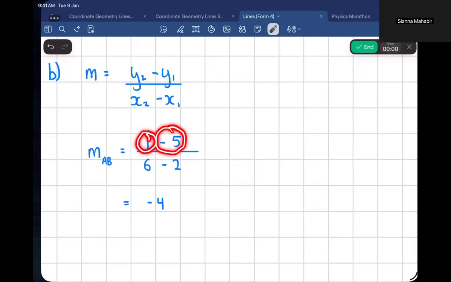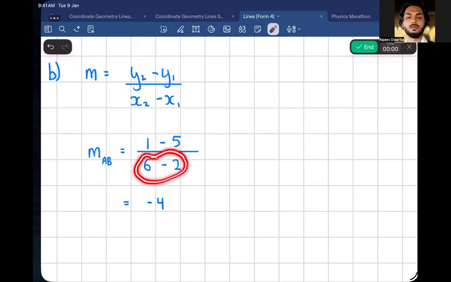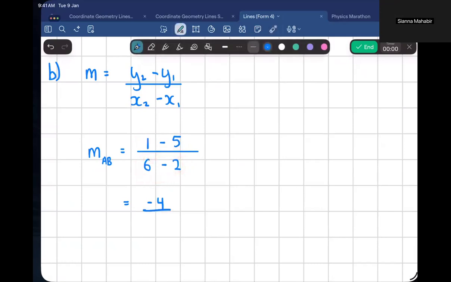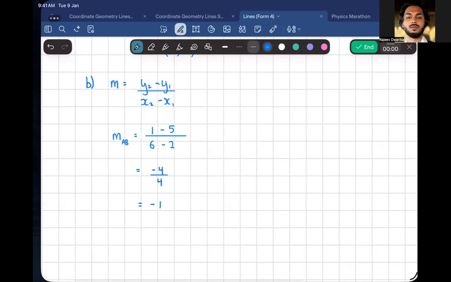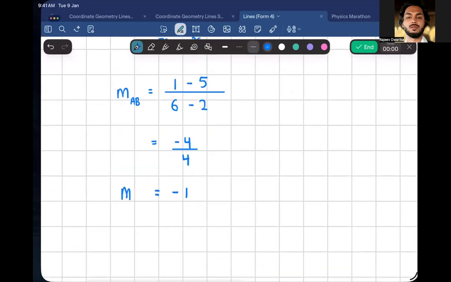If you take 5 of something and they give back 1, you're still owing 4. 6 minus 2, that's as simple as 4. So we end up with minus 4 over 4. What's a negative divided by a positive number? A negative. 4 into 4 is 1. Right. Great. So we found the gradient of the first line, AB.